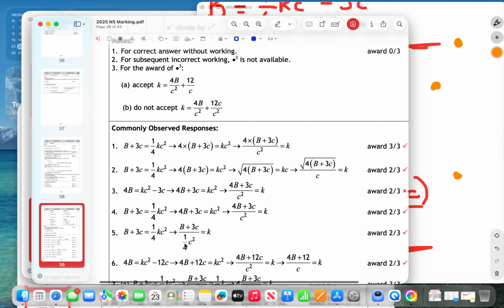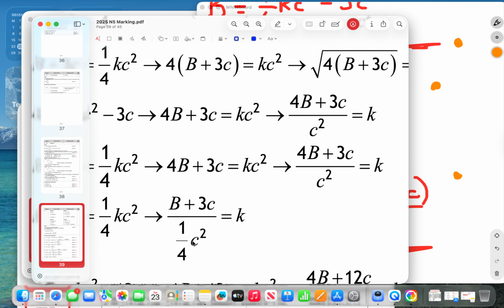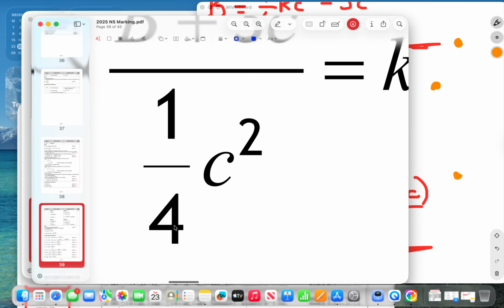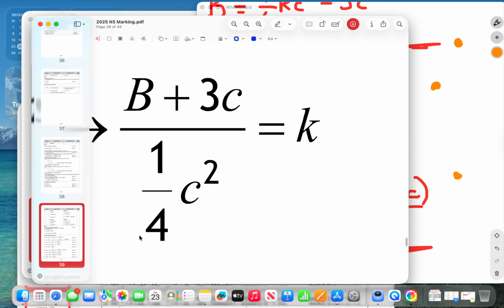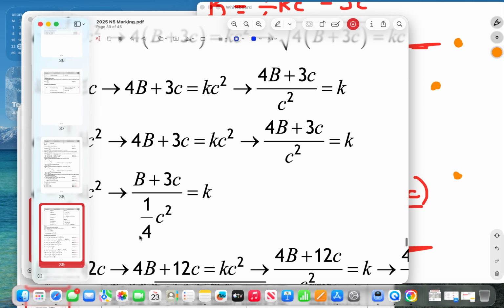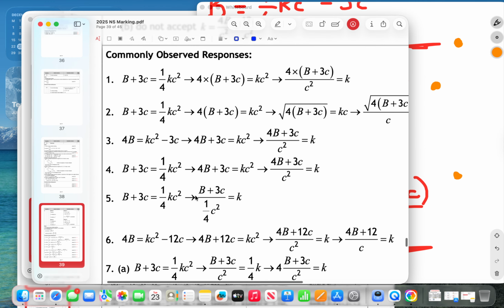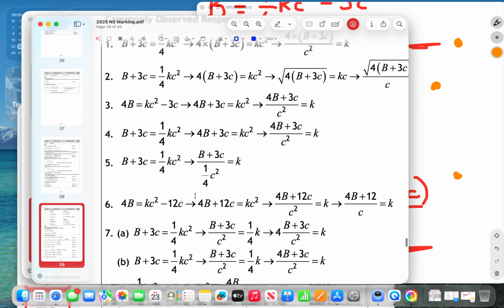And stuff like this is not simplified, so you would lose a mark for this. That's what I said about doing it step by step. Don't do multiple jumps in the one go. It's like, imagine feeding a baby. You wouldn't feed a baby the entire jar.